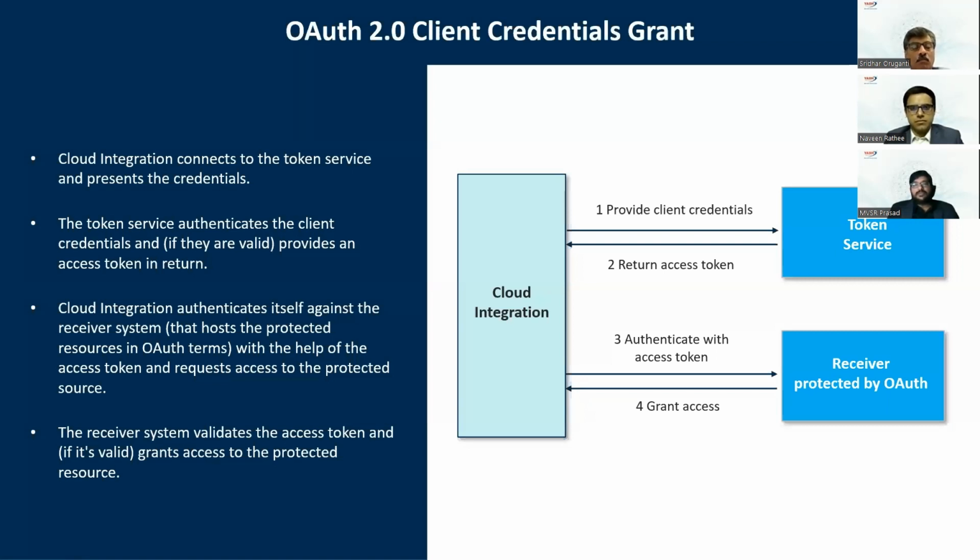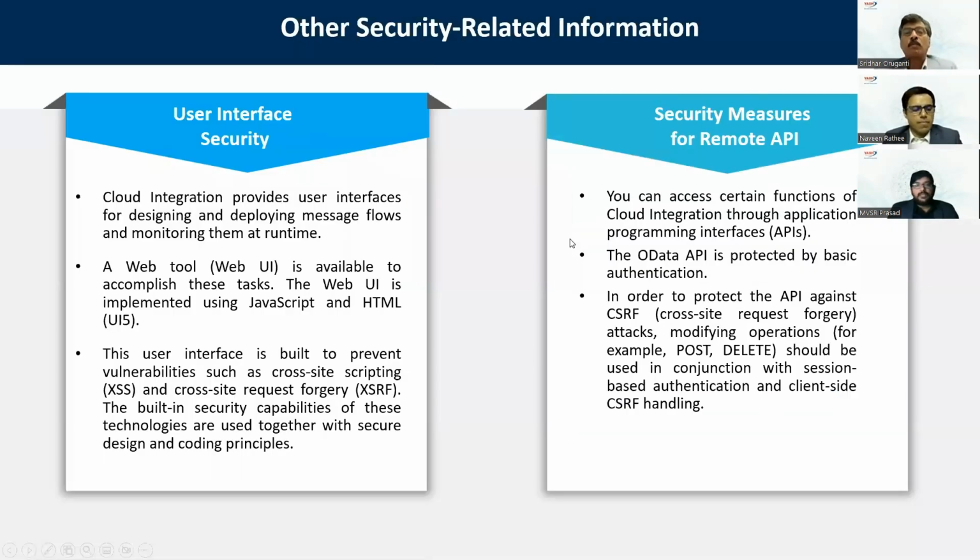So we have to be very sure about getting the right token from the token service and passing the right token to the receiver. That's where the client credentials grant is one of the highly protected ways of working.